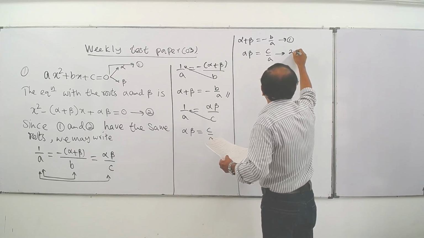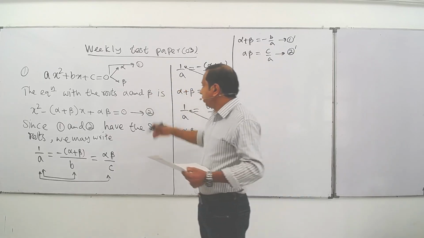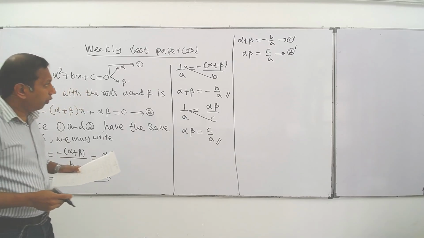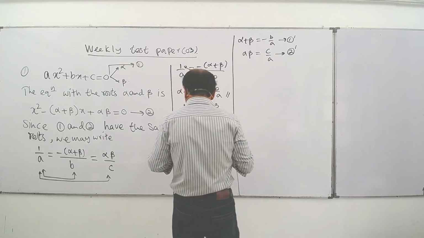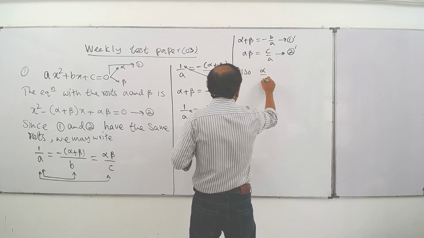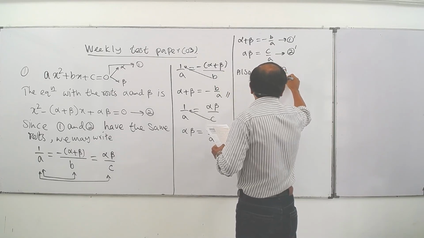We will take them as 1 dash and 2 dash, because 1 and 2 we have already used. Also given is alpha upon beta equal to lambda upon mu.